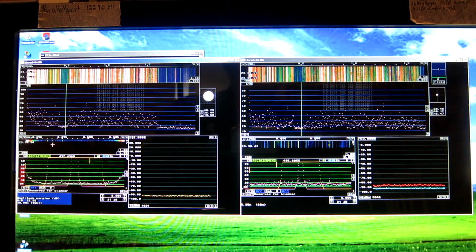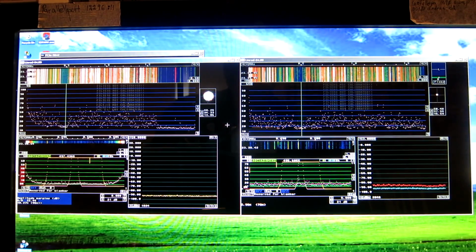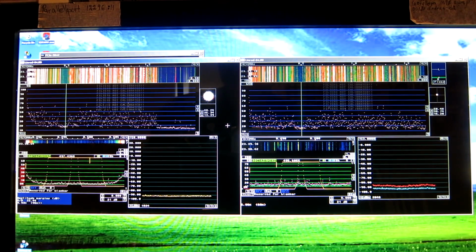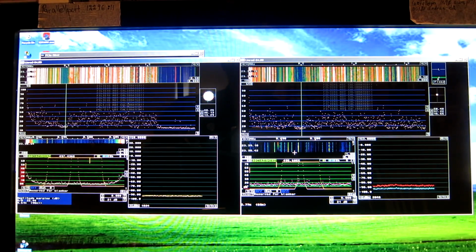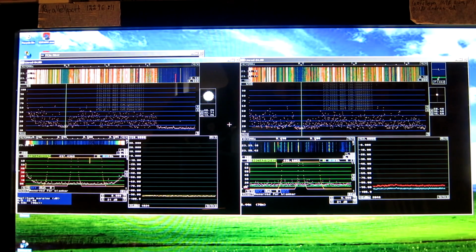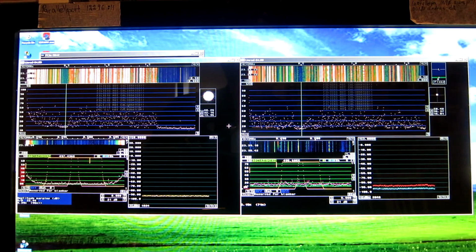And there are fewer carriers here. So this better, far more expensive AD converter is more linear than the bladeRF. To what extent that matters has to be demonstrated in daylight.